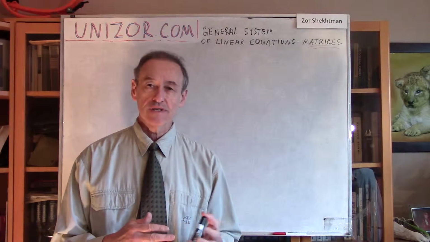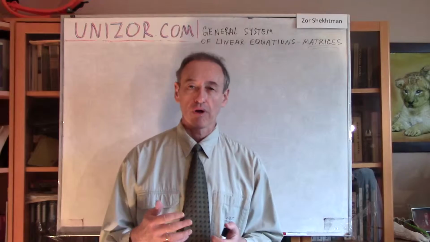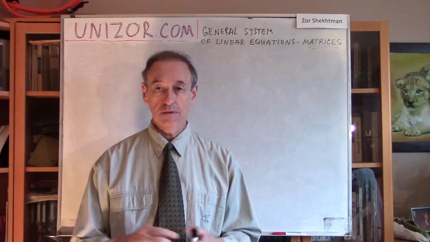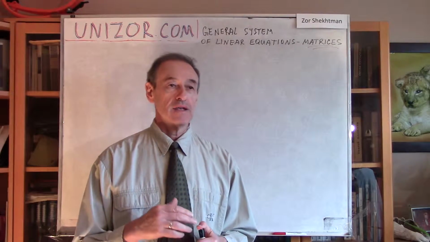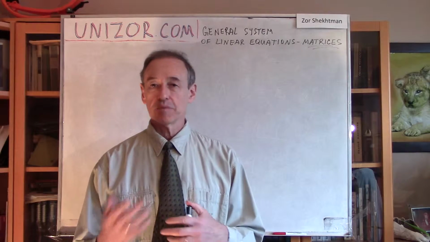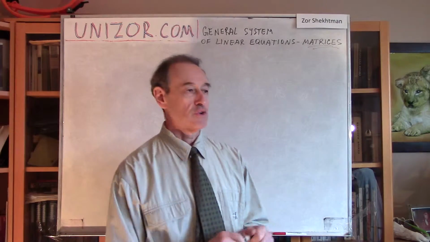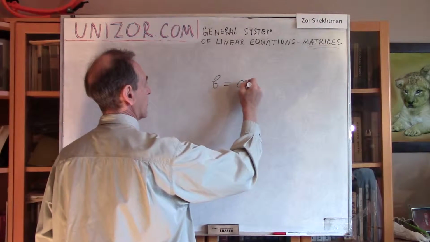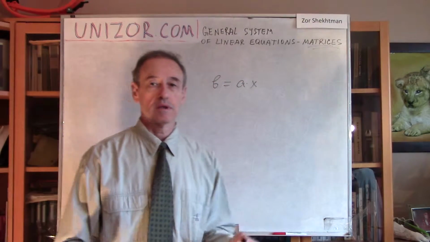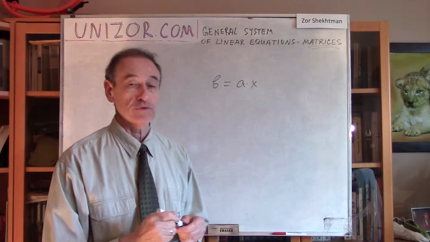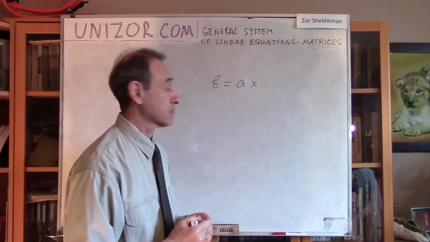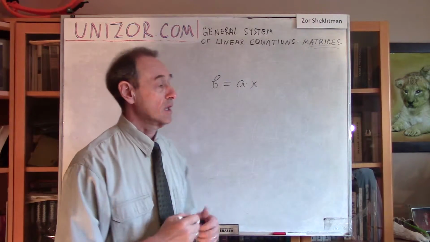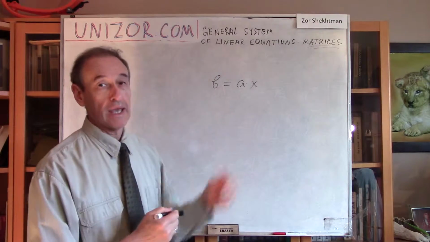Now, why I'm talking about this? You see, matrices allow you to work with a system of n linear equations in a relatively similar way to solving a single equation. If you have one variable x, and you have to solve this linear equation, how do you solve it? Well, you divide by a, right?